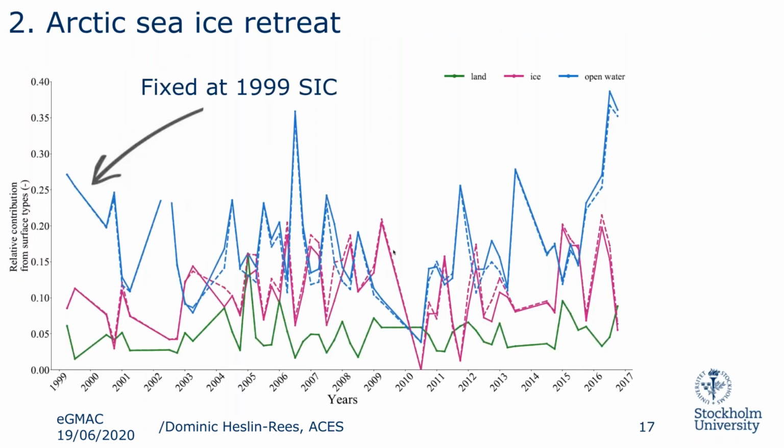Could it be the reduction in Arctic sea ice? So for this, this is the history of the relative surface contributions. And for this, I fixed the sea ice concentrations at the 1999 level. So that's the dashed line, and the blue line is the progression of sea ice concentrations naturally.